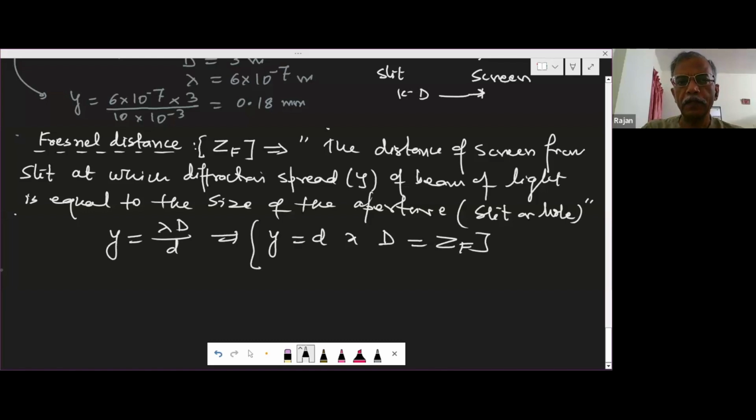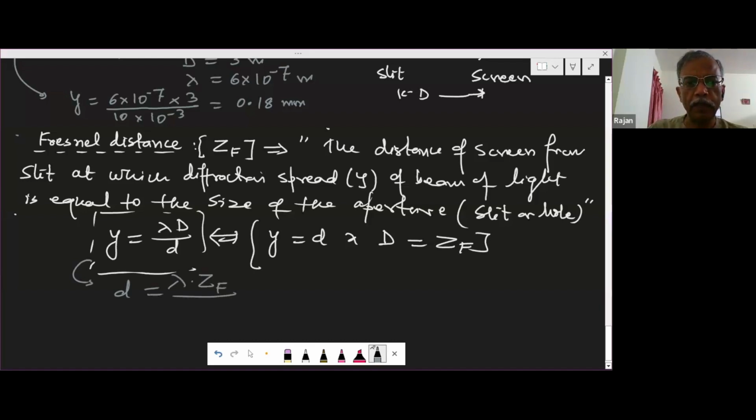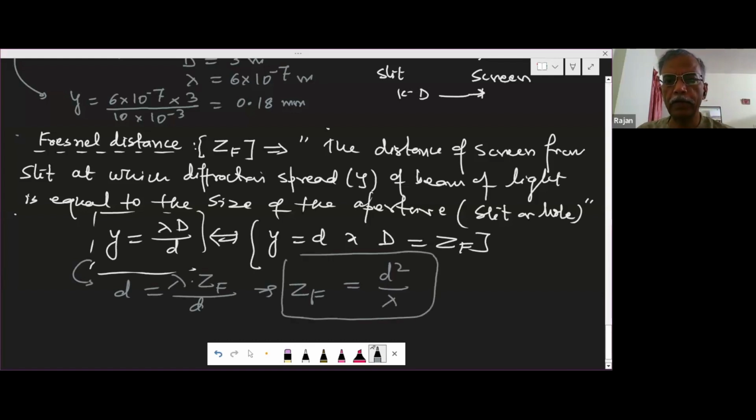So I'll be writing small d, lambda, in place of D, ZF, and then d as per the formula. So I'll be getting my ZF, which is equal to d square by lambda. So conceptually and mathematically also, you must know this.